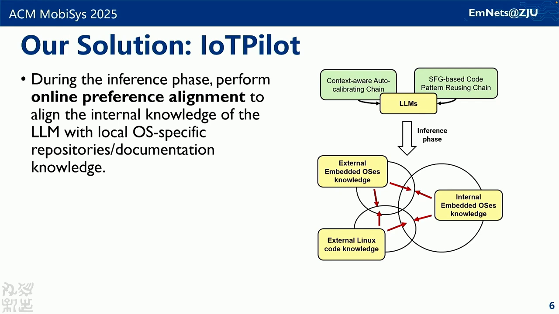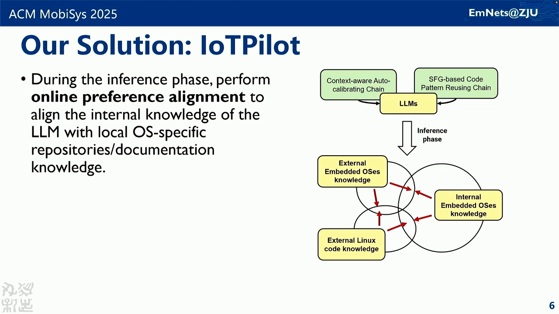This approach allows for dynamically adjusting the outputs without changing model parameters, making it more aligned with the specific OS. This strategy significantly improves the quality of code generation for specific embedded OS.